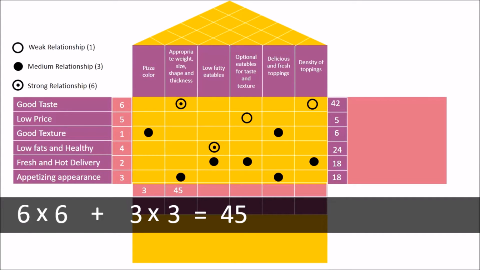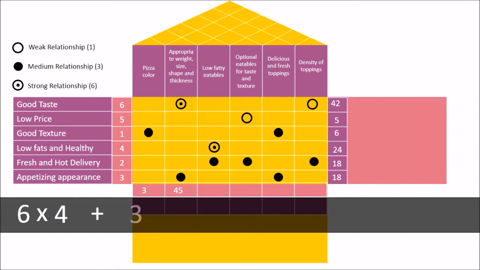And now for the third column, I'm going to do the same thing. In the third column, our first relationship is the strong relationship, the value of which is 6. I'm going to multiply it with the corresponding importance rating for low fats and healthy pizza, which is 4. Then I'm going to look at the second relationship in the third column, which is a medium relationship with the value of 3.